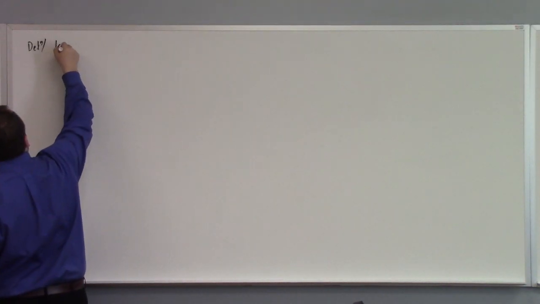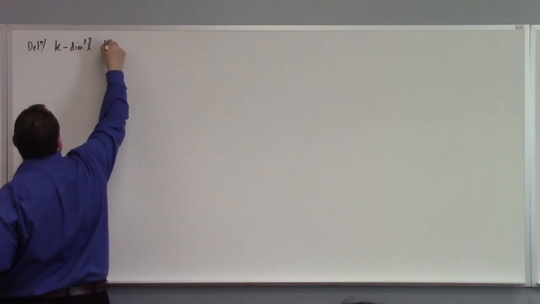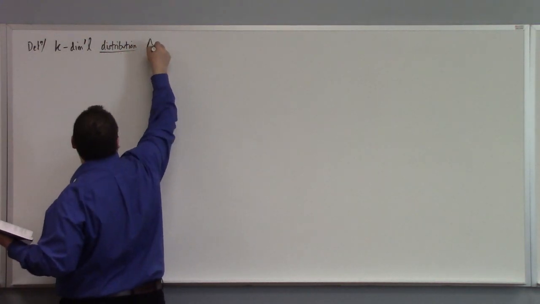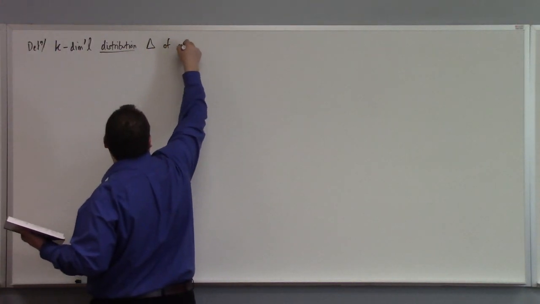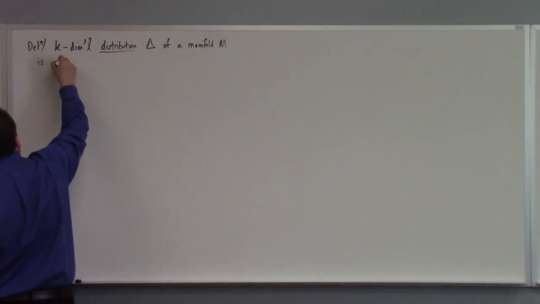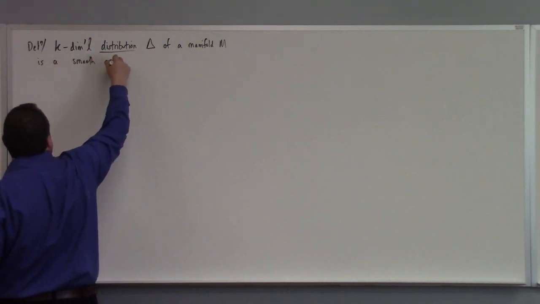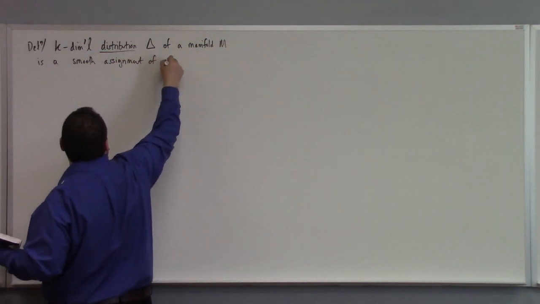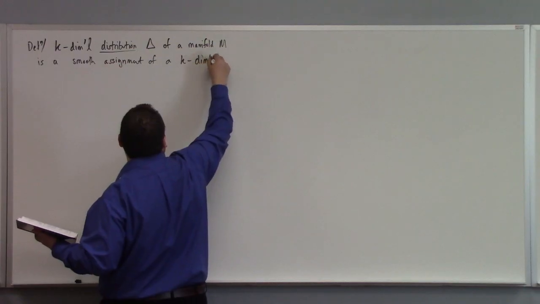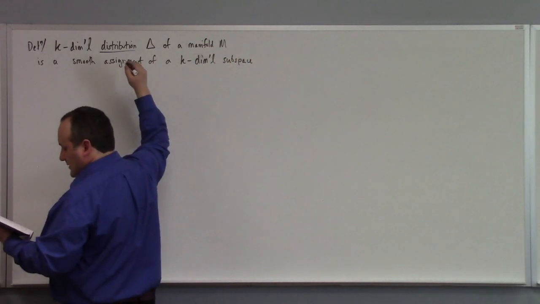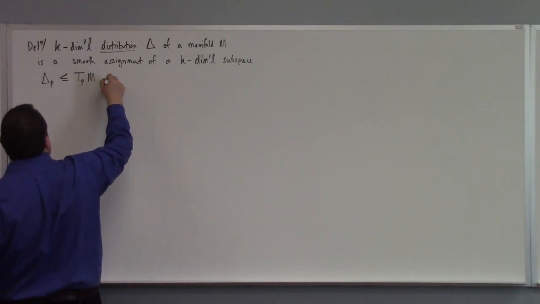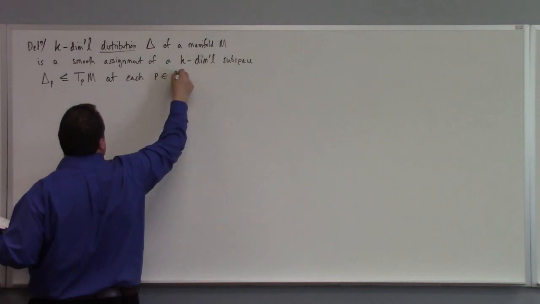A k-dimensional distribution, and we use triangle for this, of a manifold is a smooth assignment of a k-dimensional subspace, let's say triangle P of T_P M, at each point P in M. All right.